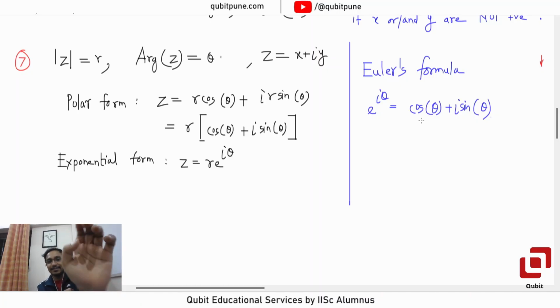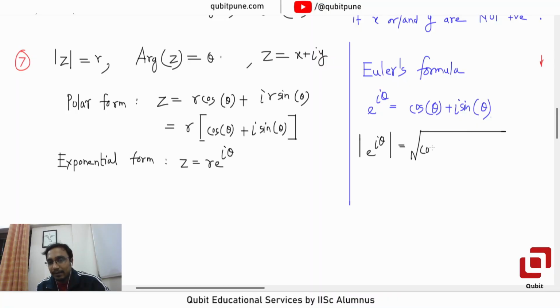You will always reach the answer. This is Euler's formula. One more interesting point about this is that if we find the magnitude of e raised to i theta, what will it be? Modulus, it will always be 1.